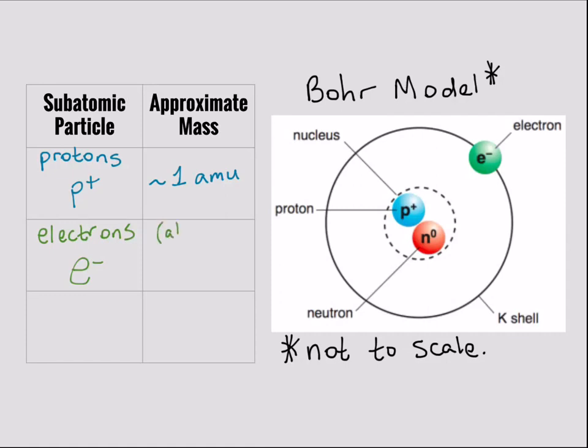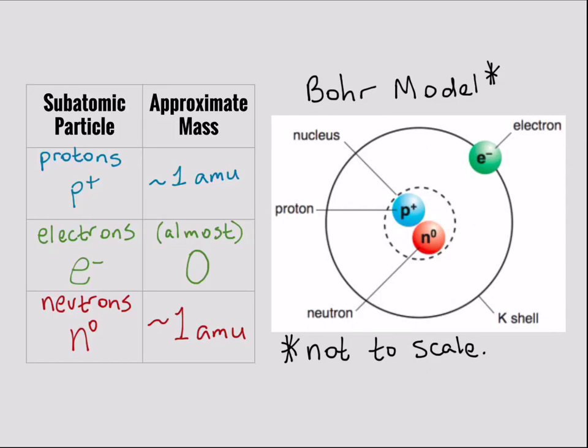And so what we can say is that their mass is almost zero. Neutrons are slightly heavier than a proton. Neutrons we can call N0, and neutrons have an approximate mass of around 1 atomic mass unit, even though they're just a little bit more massive.